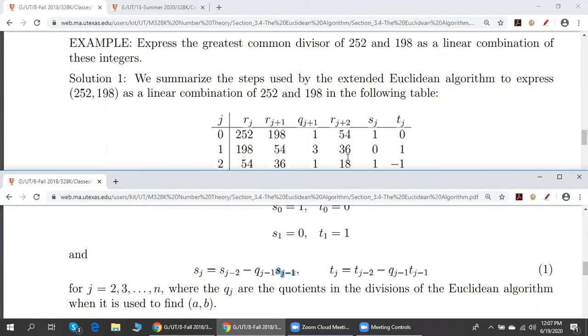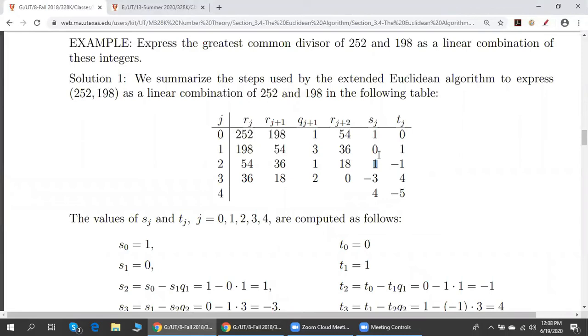In short, this number is equal to this number minus this times this. Repeat once again, shortcut. This number is equal to this number minus this times this.